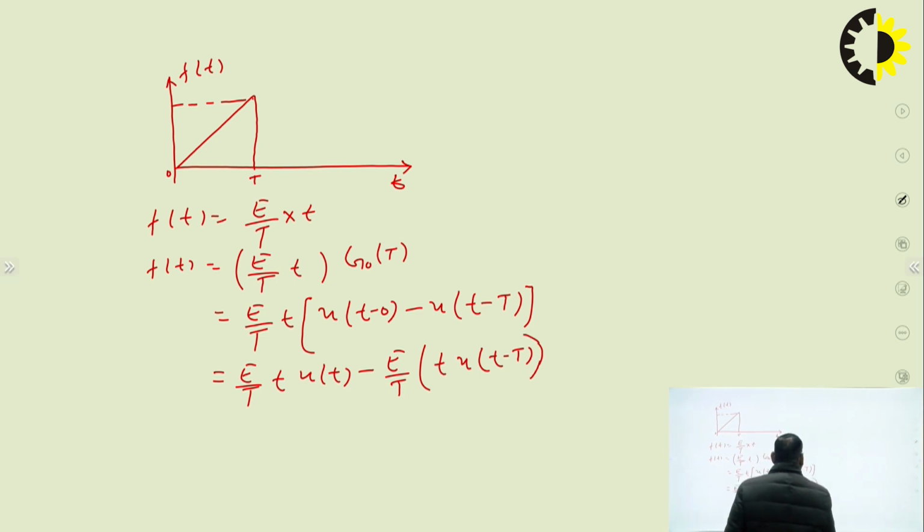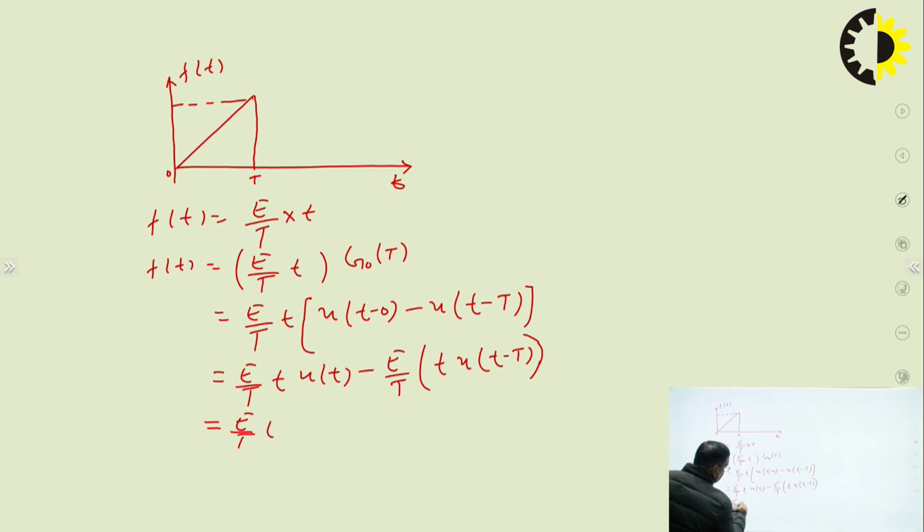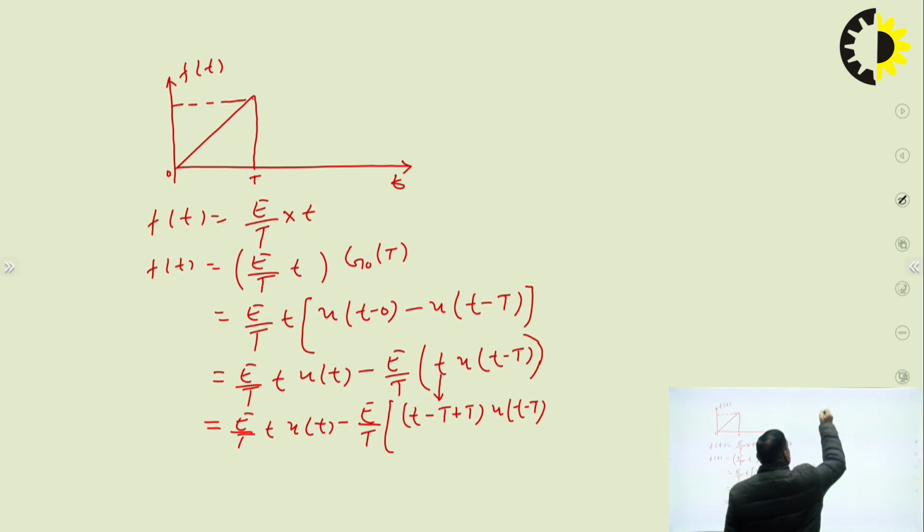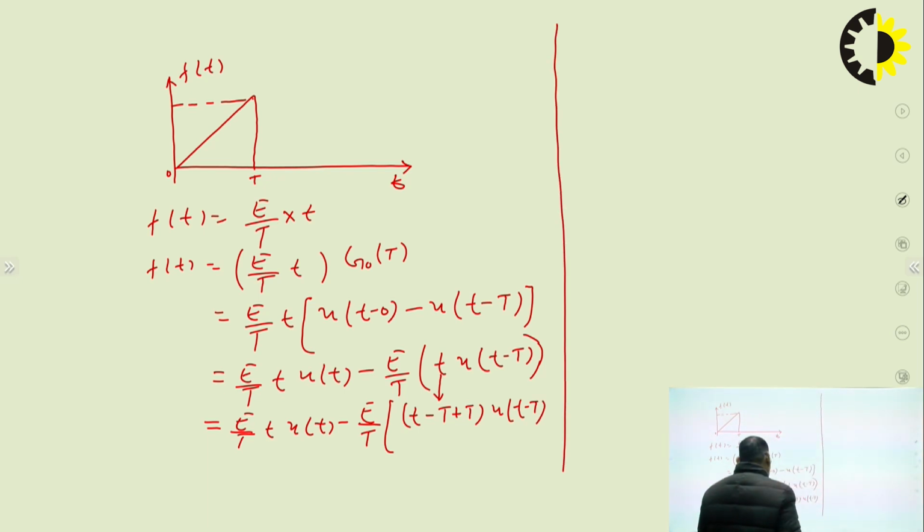Okay, now we can further simplify it. (E/T)t u(t) minus (E/T) times t, and this t can be written as (t minus T) plus T. So this t can be written like this, u(t minus T). Okay.